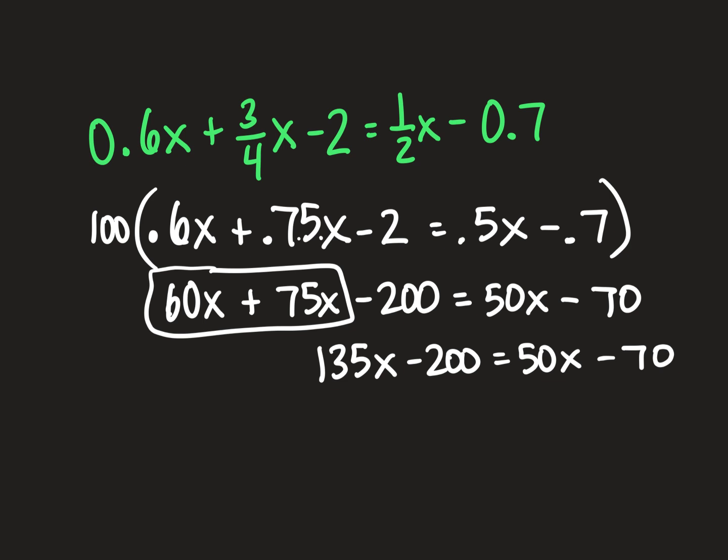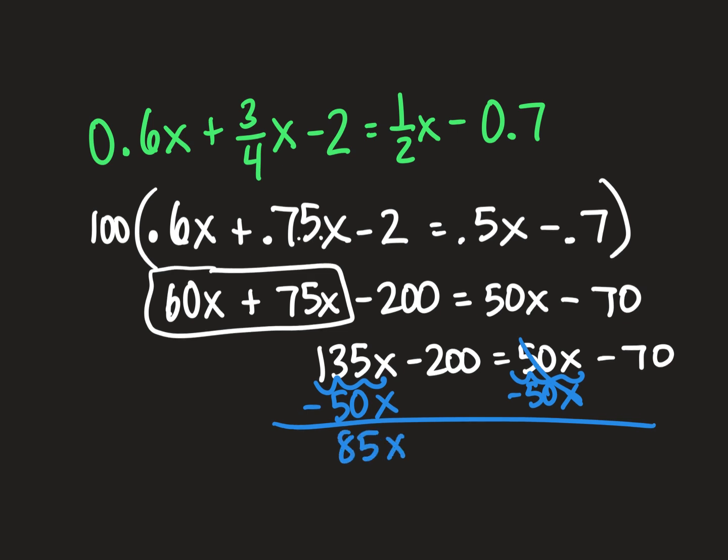Now I have variables on both sides, so I want to pick a side for those. If I subtract 50x from the right side, that gets rid of those. And then when I subtract 50x from the left side, I get 85x. Still minus 200 and still negative 70 on the right side.